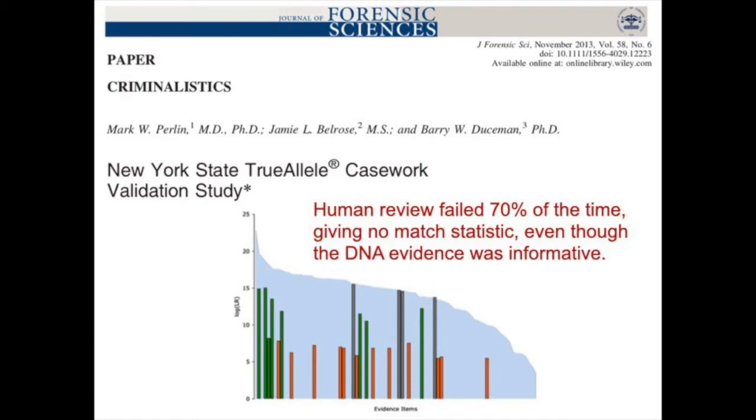Well, it generally gives a lot less information, but this was the first study that showed that 70% of the time on simple DNA mixtures, human review failed to give any answer at all, which surprised us, but there was basically no reporting on simple 2- and 3-person mixtures, 70% of the time. Those were 85 cases that we looked at.